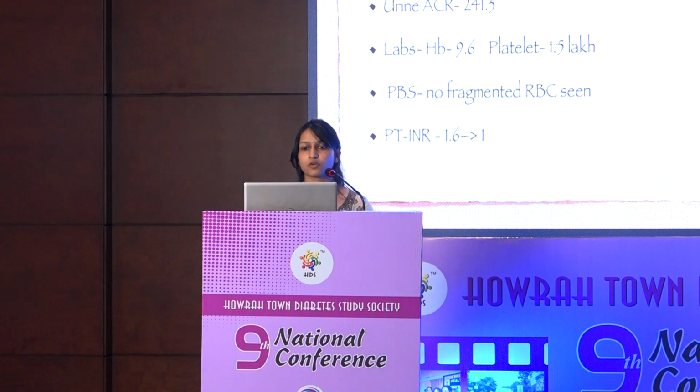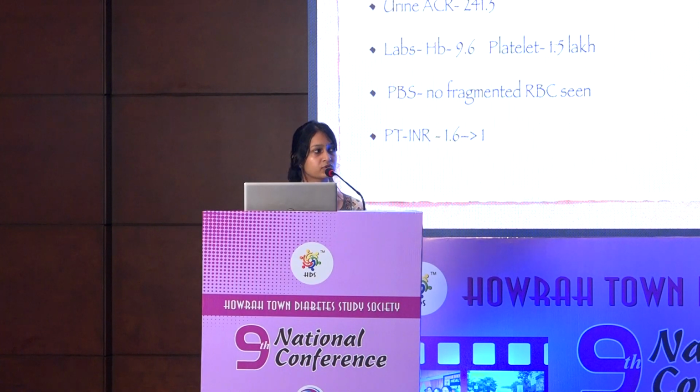The LFTs, as expected, the total bilirubin was high, which was 10.8, and majority of which was direct bilirubin. And the AST and ALT levels were around 2000. But the odd thing we found was the ABG showed compensated metabolic acidosis, and the creatinine was high, which was 4.4, and within 24 hours, it went up to 5.8, though urine output was adequate.